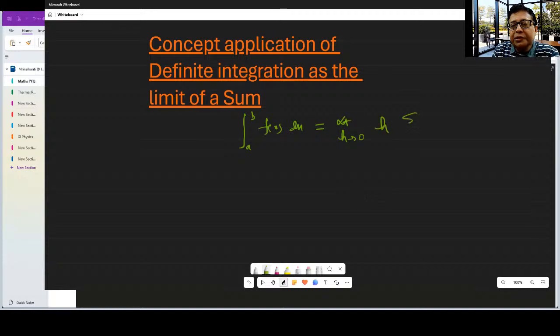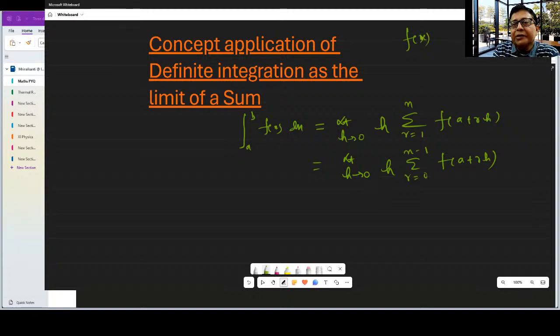limit h tending to 0, h sigma r equal to 1 to n f of a plus rh, or limit h tending to 0, h sigma r equal to 0 to n minus 1 f of rh, where the function f(x) is defined on the interval a to b and nh equals b minus a.